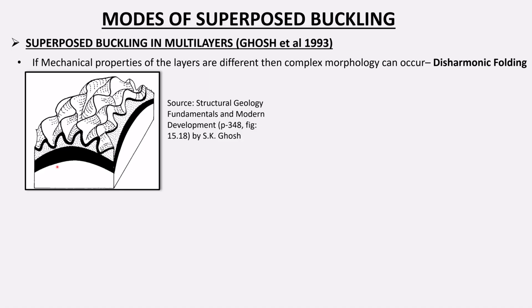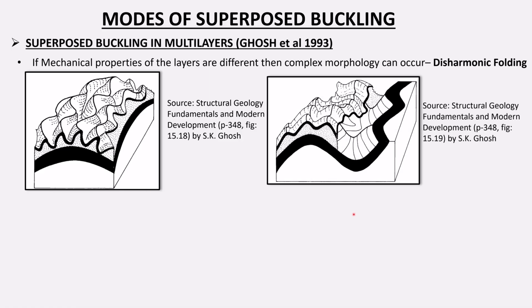And if we see the next type of folding, the thin layer, which is the competent layer, and the lower layer, which is the thickened layer, both generate the second mode of buckling. On the right side, a gap is shown to show the occurrence of the thick layer.